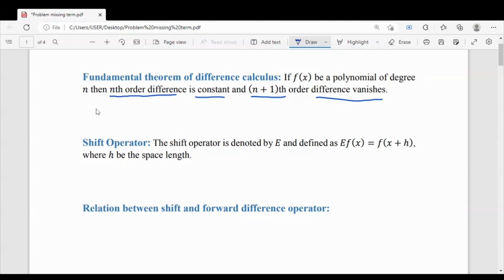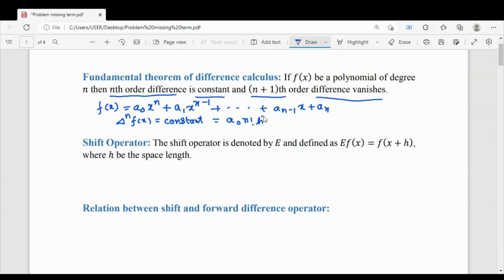Means if we consider a polynomial of degree n, for example f(x) equal to a0 x to the power n plus a1 x to the power n minus 1 plus ... a(n-1) x plus a n, and we calculate delta to the power n f(x), that will be equal to a constant, and this value will be equal to a0 n factorial h to the power n.